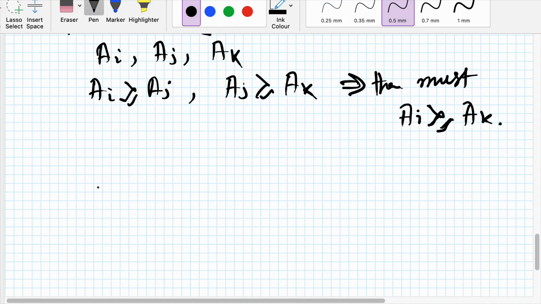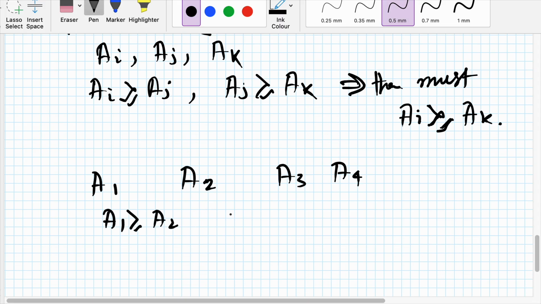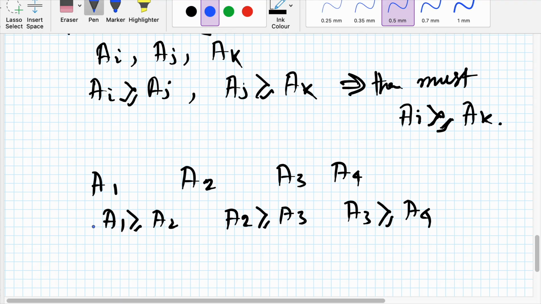Suppose I have 4 options, A1, A2, A3 and A4, and suppose that A1 is preferred over A2, A2 is preferred over A3, and A3 is preferred over A4, and naturally the other relations will hold. So I will associate a number 1 with A1, 2 with A2, 3 with A3 and 4 with A4. Then you will see these numbers actually represent the preference.